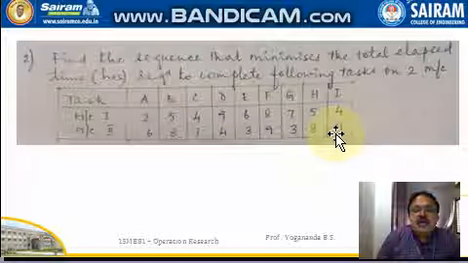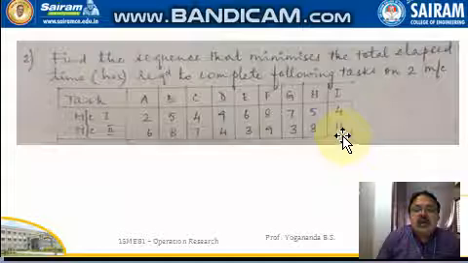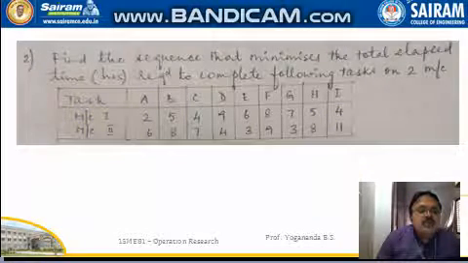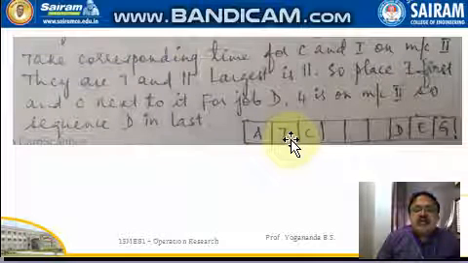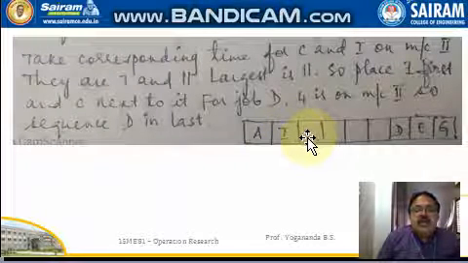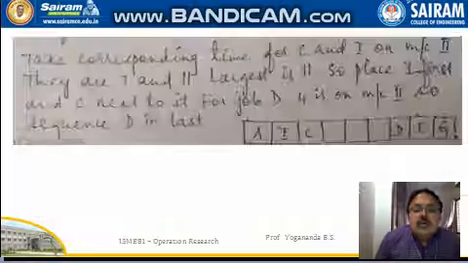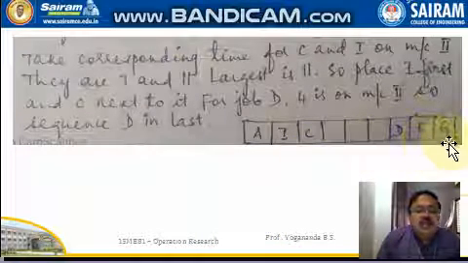We are considering this 7 and 11. The one taking more time on machine 2 is sequenced in the beginning, which is why I am processing I first and then C next to it. So we have A, I, C and then D, E, G.